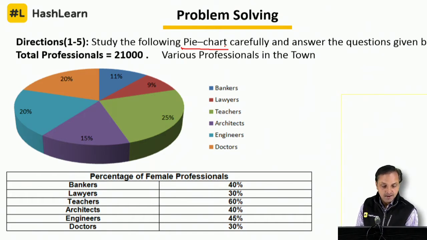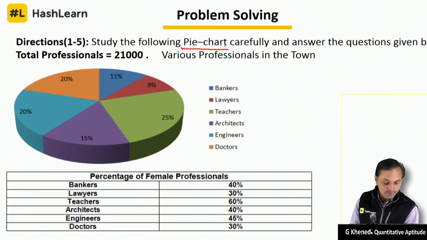Of the total lawyers, 30% are female. Of the total teachers, 60% are female. So generally 60% of the teachers are female, which means the remaining 40% will be male. That is how you need to analyze. Architects 40 means the remaining 60 will be male.